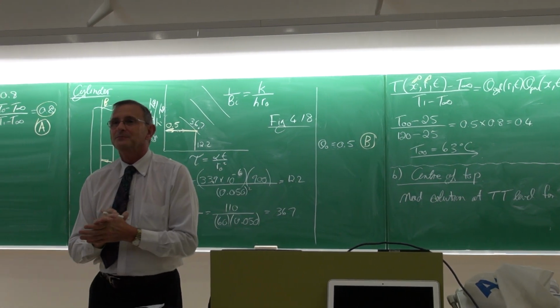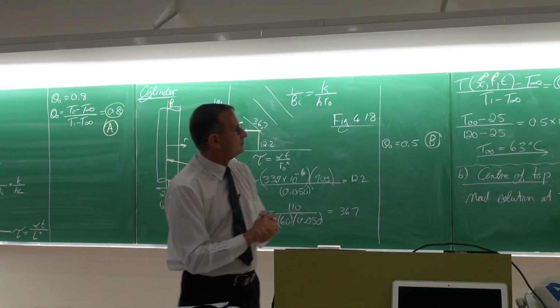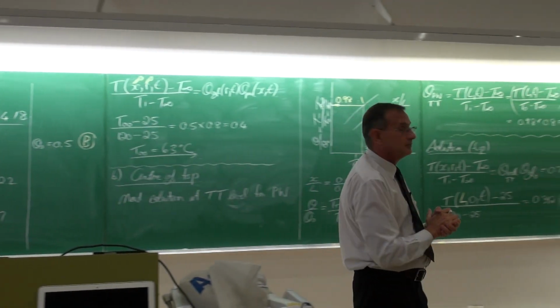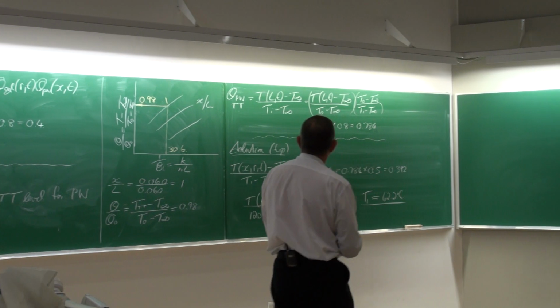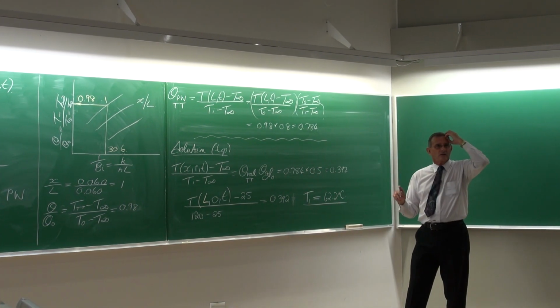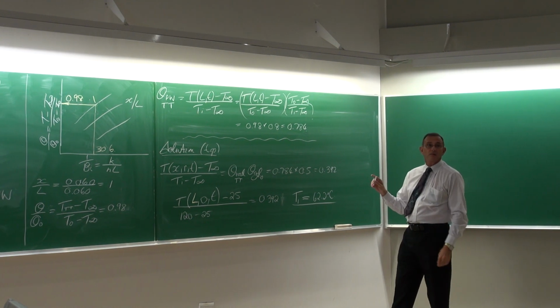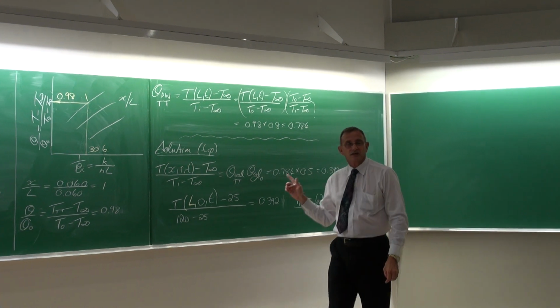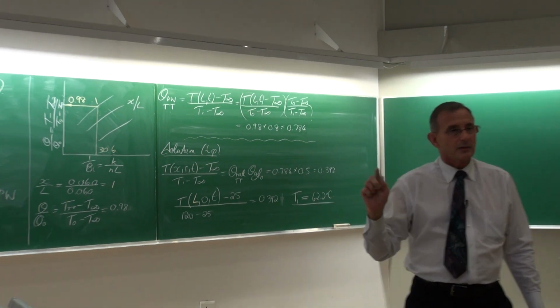You've got a question? Is it a standard thing to multiply the temperature ratio by T0 minus T infinity? So, put into that format on the left-hand side, you always just multiply by T0 minus T infinity. Let me just see if I can get the question. I know it is about the temperatures.